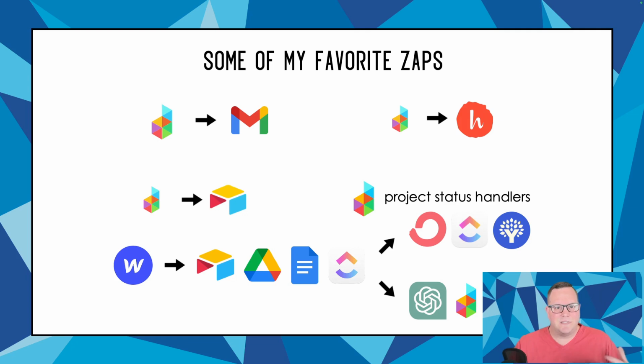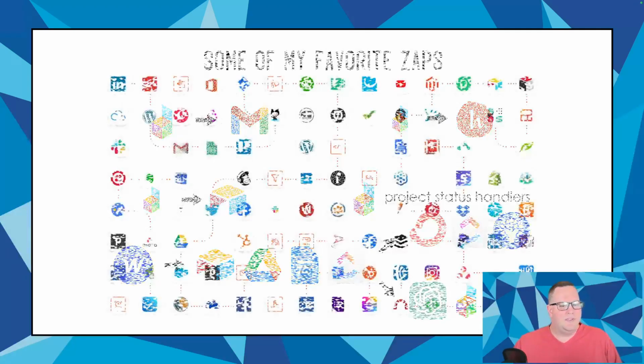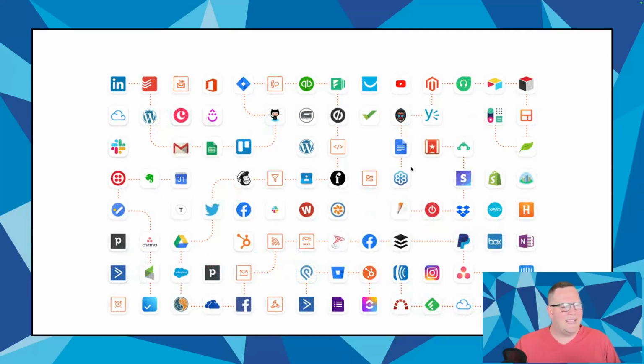There are just so many possibilities. So have fun, explore, do what you can. Like I said, there are over 6,000 apps that are natively supported by Zapier. And technically, there are apps that are not supported by Zapier that you can still use with Zapier using things called webhooks, or, like I said, with those third-party listing sites, by having Zapier read your emails for you.